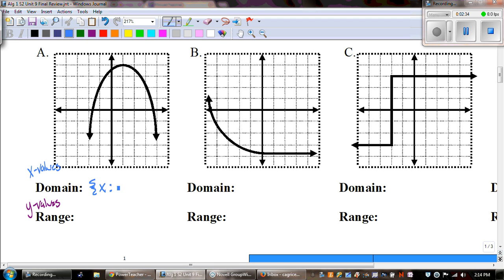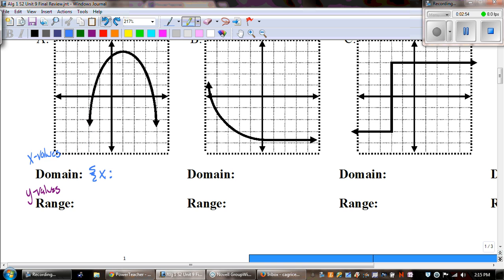Remember that we have to put the variable first that we're talking about, and is there a limit to how far left or right it goes? Remember, because that's our x. And you can be like, well, it looks like it stops right there. It does look like that, but our graph's going to get wider as those arrows go out, and it's just going to keep getting longer and longer and longer to both sides. Okay, so for the domain, we would say that it is all real numbers.